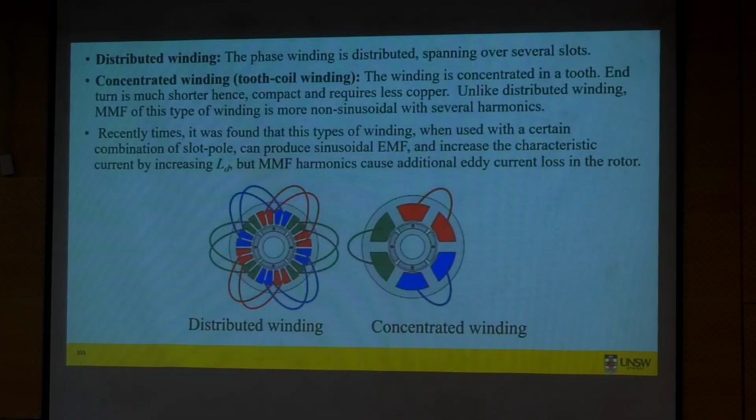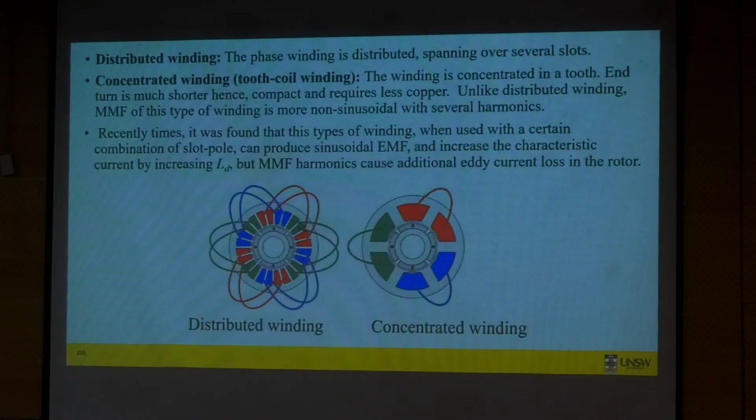Even though MMF is non-sinusoidal, EMF becomes sinusoidal, which helps you reduce torque ripple, and you could end up having better performance. But this is only for certain slot per pole combinations.